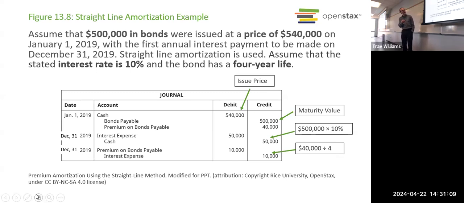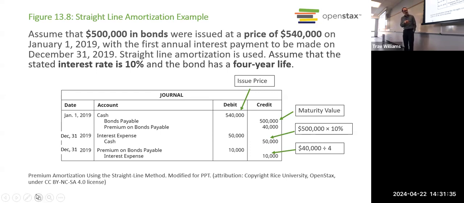Remember, there was $40,000 of premium, and this is a 4-year bond, and we're doing straight line amortization. So what we do is we take that $40,000 of premium, just divide it by 4 years. So we're amortizing $10,000 of that premium per year. And that journal entry looks like this.